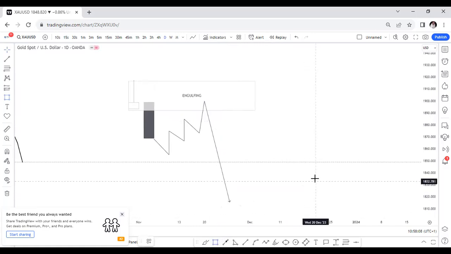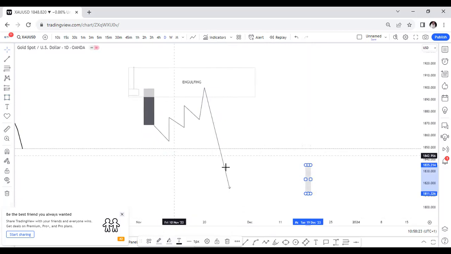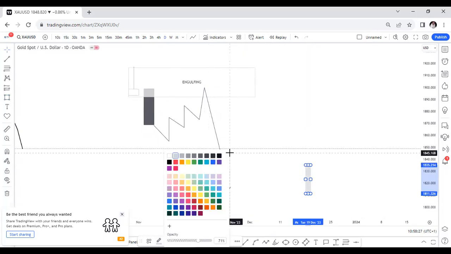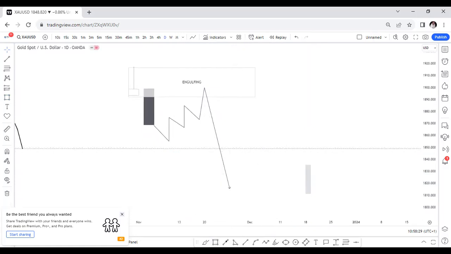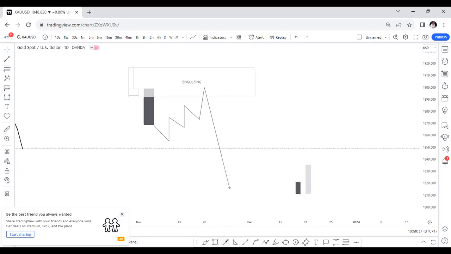If you have an engulfing like this, or let me put it down, you have this as our bearish candle.